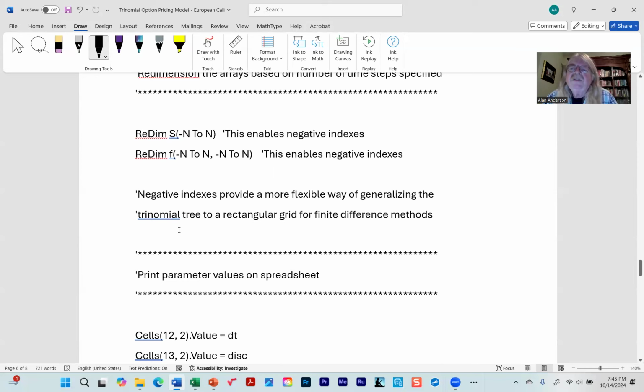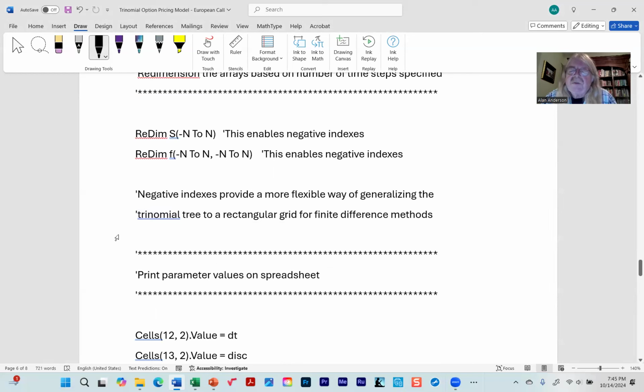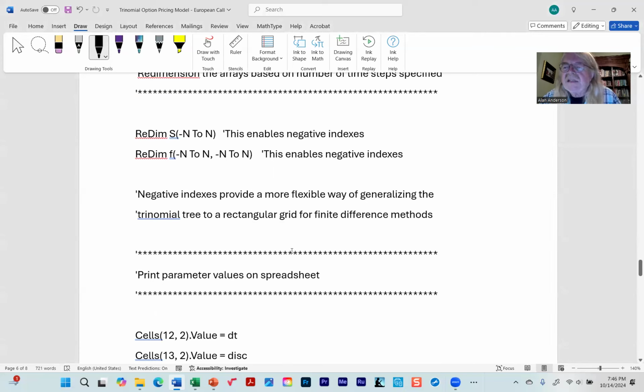Now, by the way, it appears like we've got way too many dimensions. This builds up to another technique that we're not going to actually use here, called finite difference methods, where you take a trinomial tree and extend it to a full grid, and you would actually need all those extra nodes. We're not going to change the code because it does work. The limit of the grid is going to replicate the trinomial tree, but it needs a lot more space.